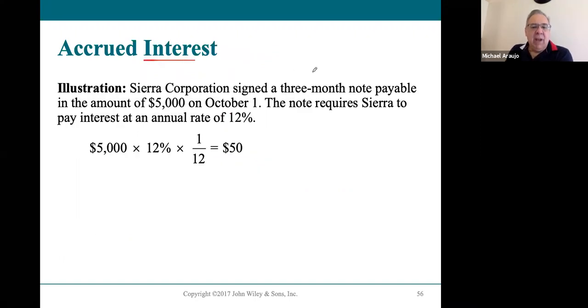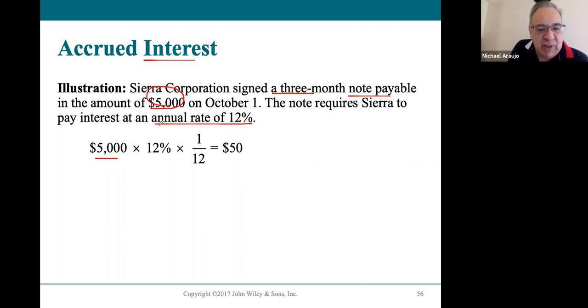Now, again, back in October, Sierra Corporation had this note payable for 3 months. So for the month of October, how much was the interest? Okay. Well, this is the formula. Here it is. We have a $5,000 loan note. 12% is the annual rate. In other words, 12% is for all 12 months.